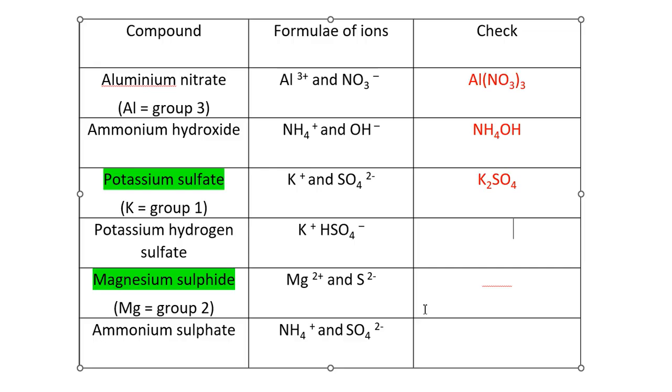No need for parenthesis here. The sulfate group as a group is only there once. Potassium hydrogen sulfate. Now, hydrogen is named. Sulfuric acid, H2SO4, lost only 1 hydrogen as a hydrogen ion in making HSO4. 1 hydrogen ion lost, so the charge is only negative 1. There is my formula.